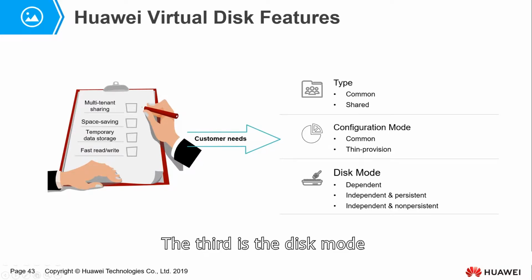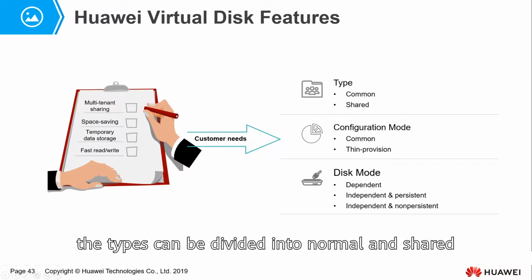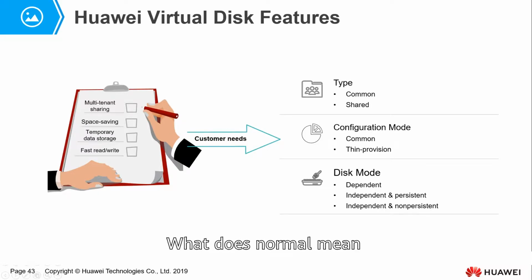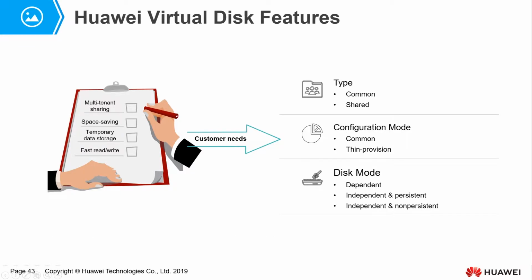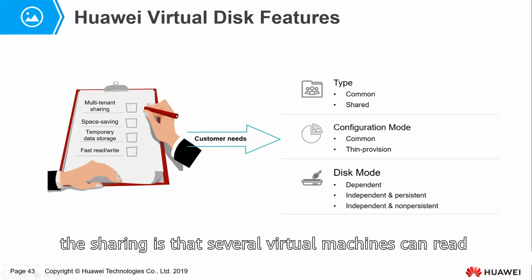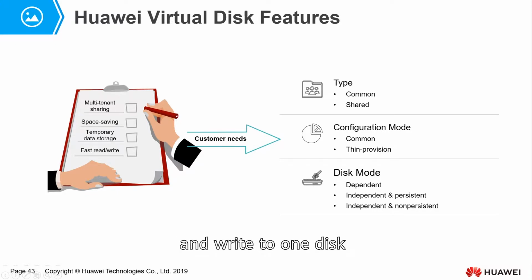The third is the disk mode. First, look at the types. The types can be divided into normal and shared. What does normal mean? That is, my virtual machine disk is used only for this virtual machine. Sharing means that several virtual machines can read and write to one disk.